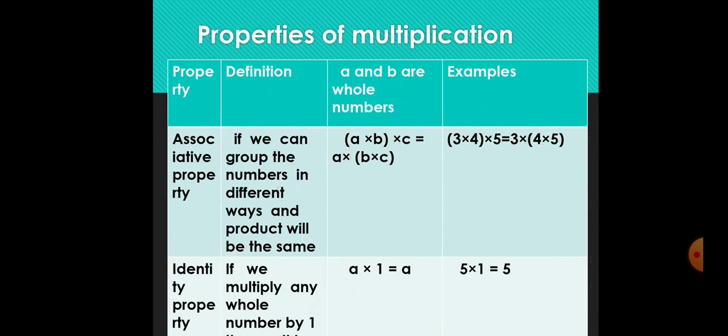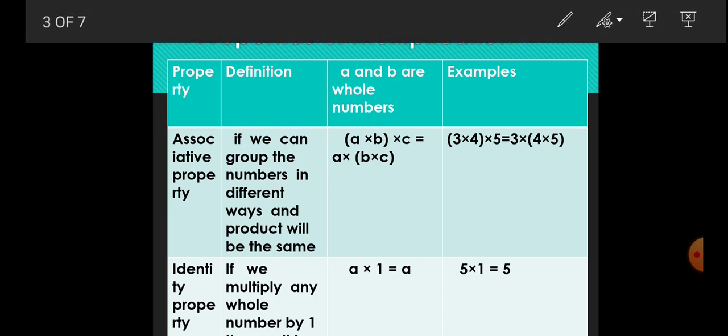Now properties of multiplication. Associative property. If we group the numbers in different ways, the product will be the same. Suppose that a, b and c are whole numbers. In bracket a multiplied by b, bracket close, then multiplied by c equal to a multiplied by, in bracket, b multiplied by c. For example, in bracket 3 multiplied by 4, then multiplied by 5, equal to 3 multiplied by, in bracket, 4 multiplied by 5, means we change the group.